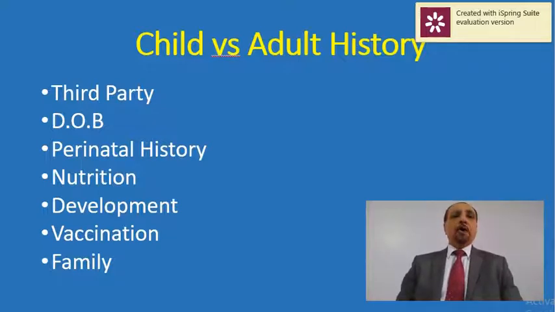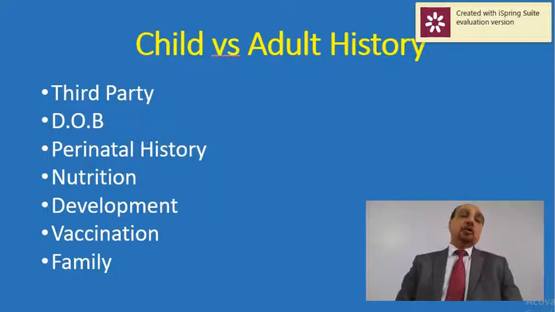The second point: when we take the personal history, we take the age of the child, but it is important to take the date of birth, because this will help us to calculate the correct age, which will help us again in plotting the growth parameters in the growth chart and to evaluate accurately the growth and development.